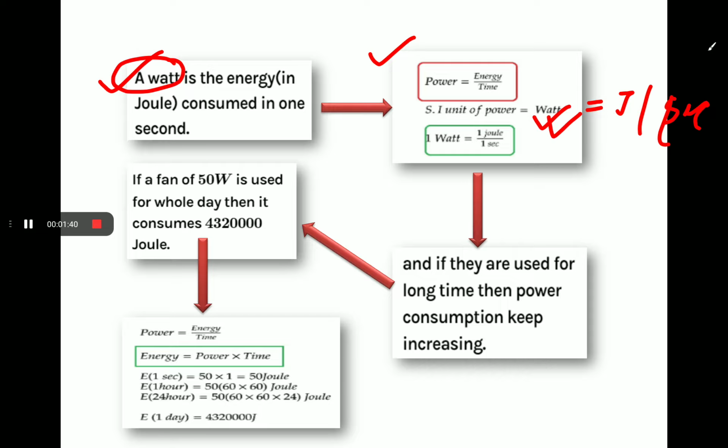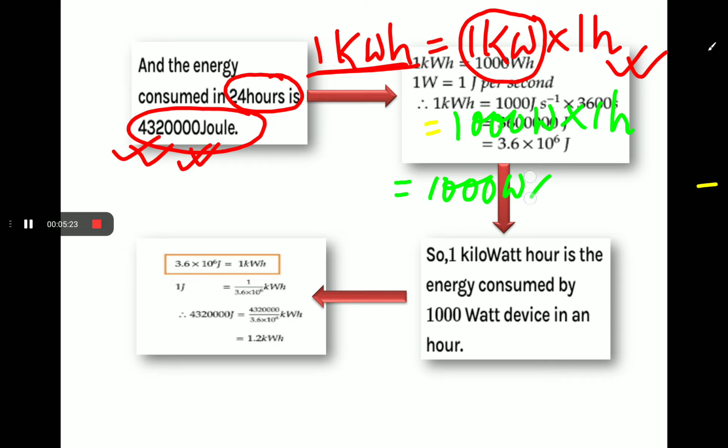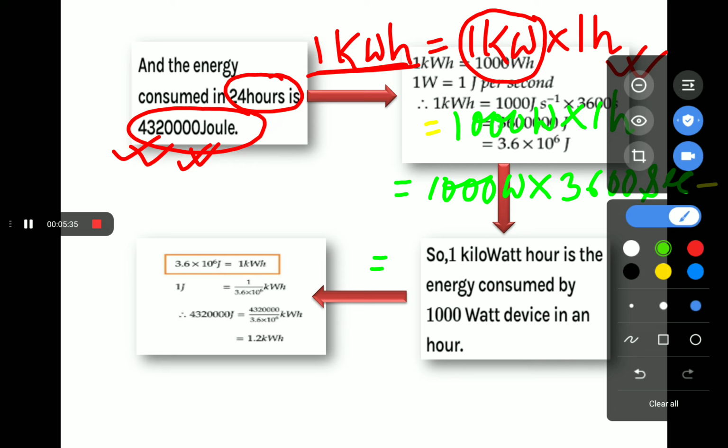Now we know that 1 kilowatt is equal to 1000 watt, multiplied with 1 hour. Here again, this 1000 watt and the 1 hour is converted into seconds, that is 3600 seconds.